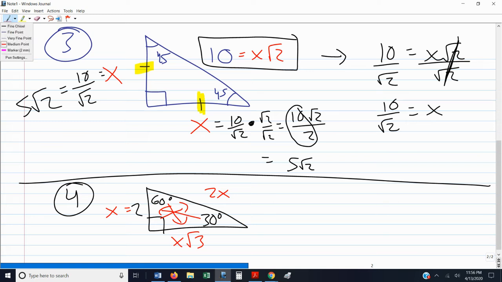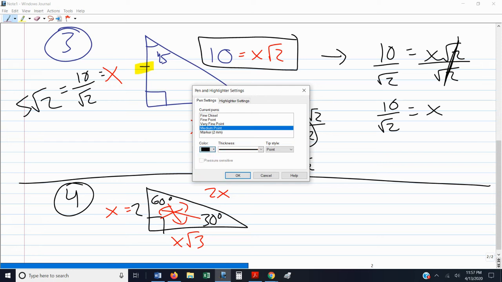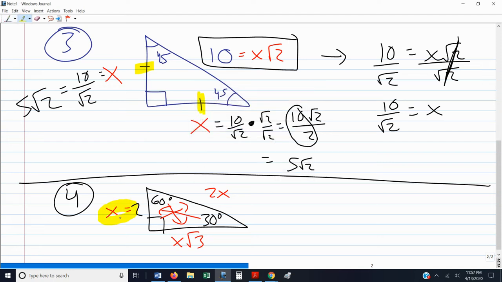But you can see that on this question, you know right away that the x value is 2. So that means I can go here. I have 2 times my x value, which is 2, and I get 4. And then across from the 60, you have x, which is 2, and root 3. So then you have all 3 of those side lengths.